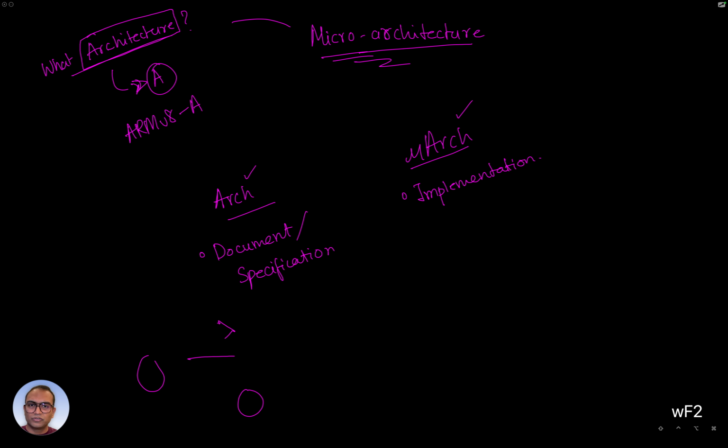So you're just describing what this entity called bicycle should achieve. That is an architecture, but an actual implementation of that bicycle by some company would be, okay, this is the seat, and this is the handle. So the actual implementation is then called the microarchitecture.